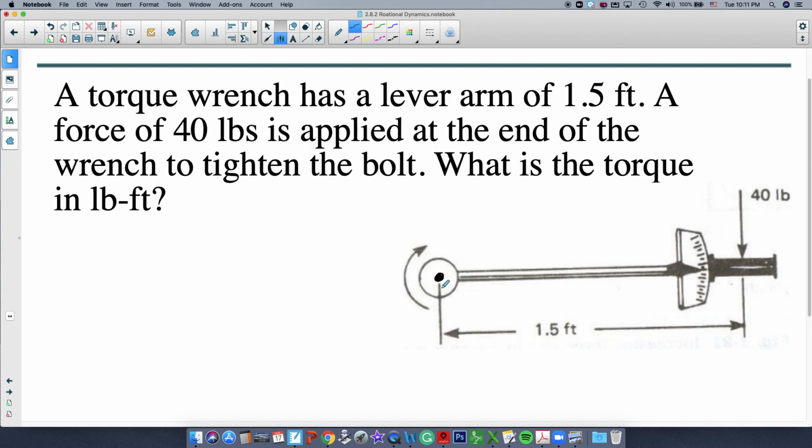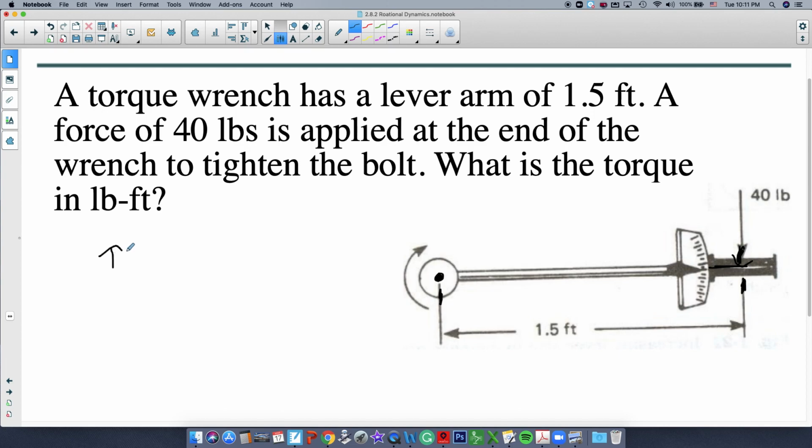But you always go from the axis of rotation to where I am applying force, which would be right here. So it's a pretty simple equation. First, we are pushing on our torque wrench straight down. So that would be perpendicular, a 90-degree angle, if you wanted to use that F R sine theta one.